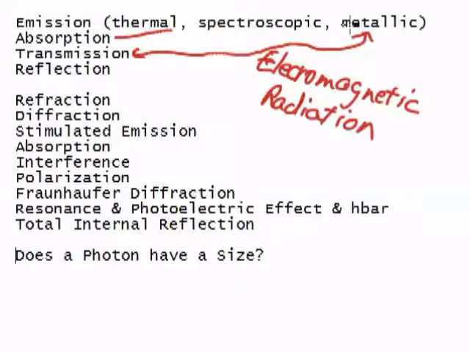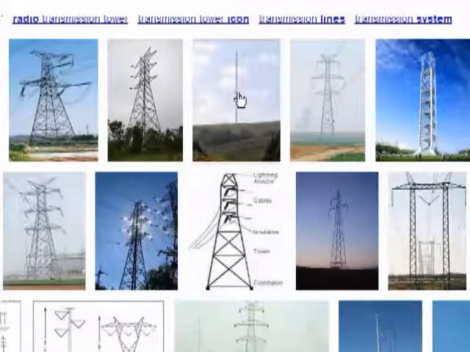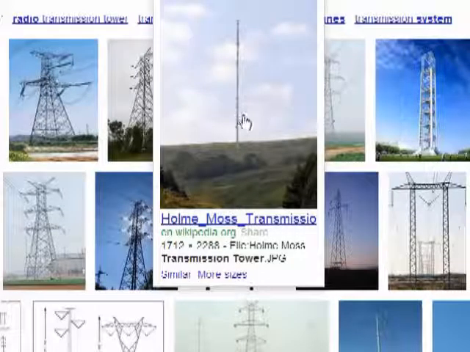On the other hand, they have transmission towers. Of course, these transmission towers look to be all power line transmission. What I'm looking for is more like this thing. Wait, maybe? Yeah, this is more like what I'm looking for.